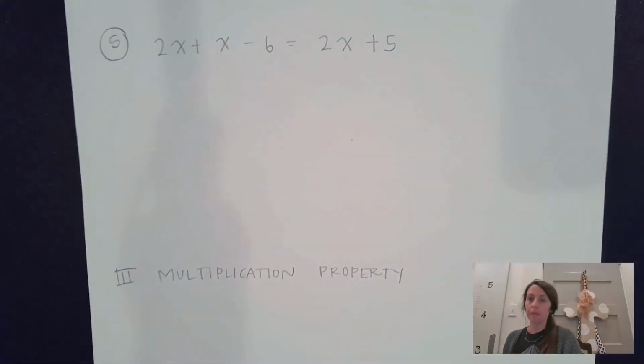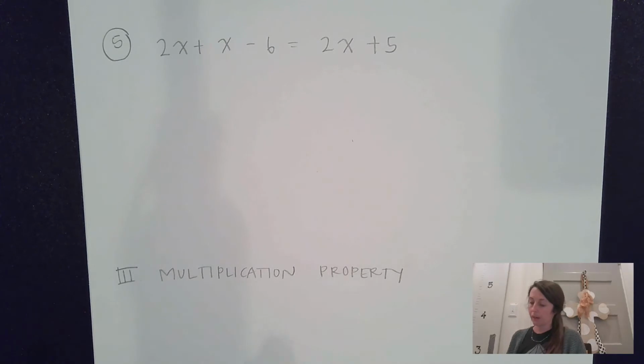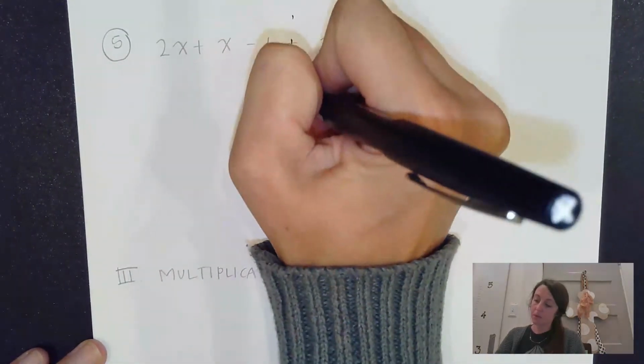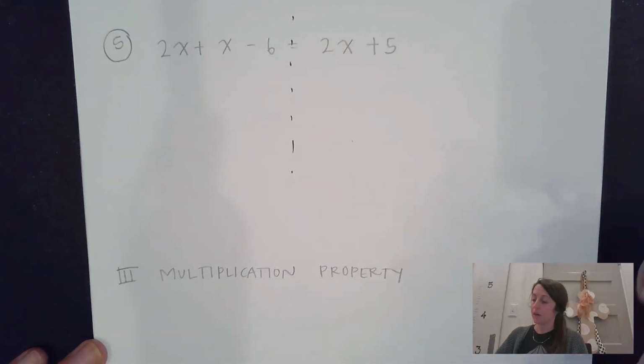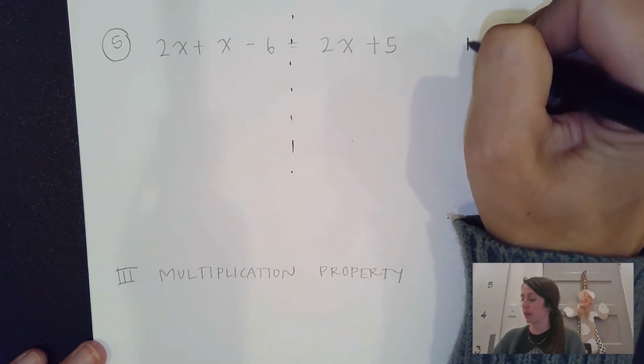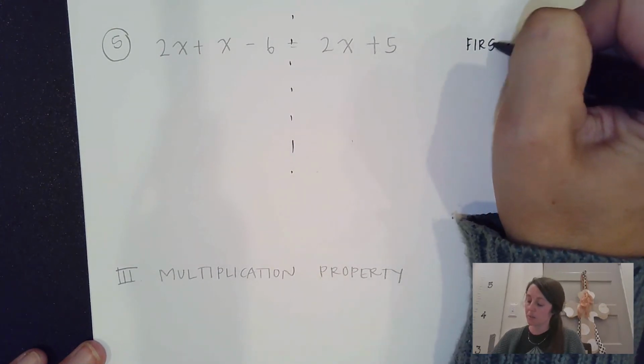Alright, let's look at this one here. Before I can go across that equal sign, I want to first combine like terms on the same side.